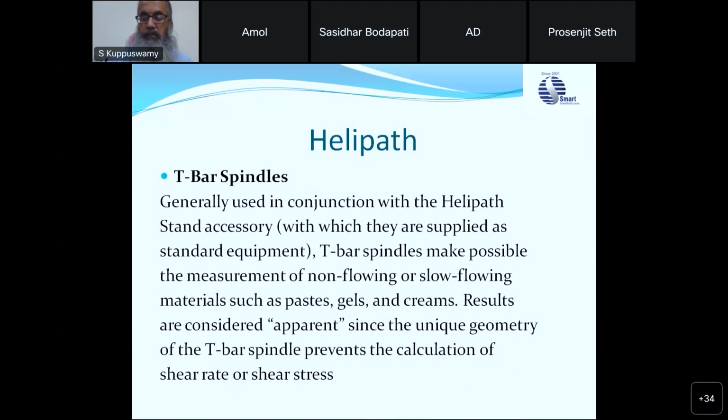That is why it is called helipath. And the T-bar spindle, moving up and down in the sample, is always in contact with the sample. Thereby, friction is generated and a torque is generated to calculate the viscosity.